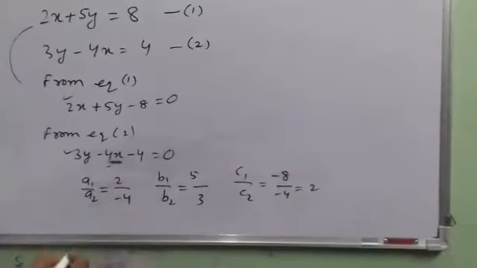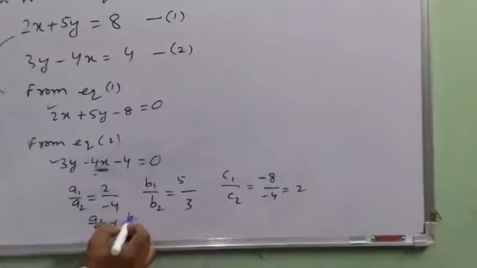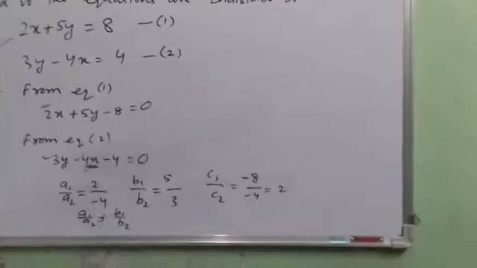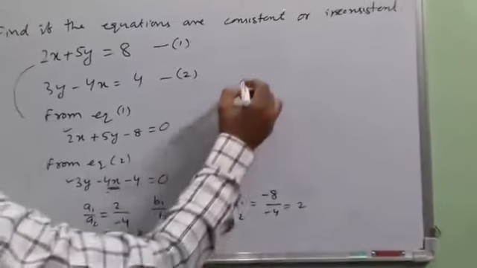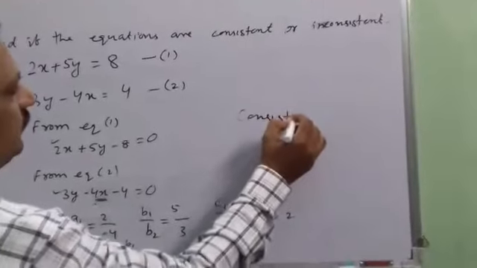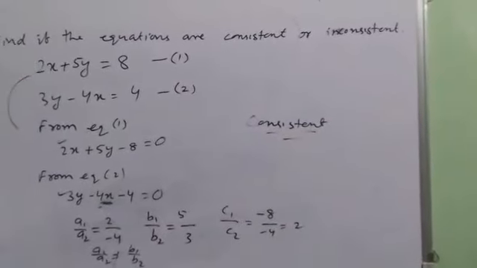Now from this it is clear that a1 by a2 is not equal to b1 by b2. Hence these two equations are consistent, and they will give us one unique solution.